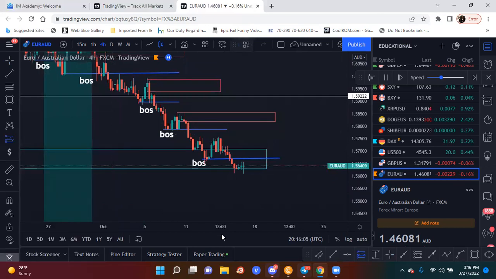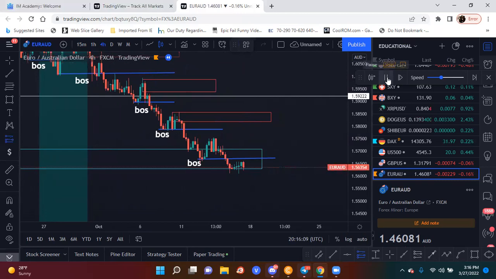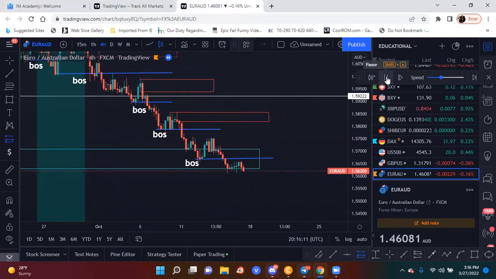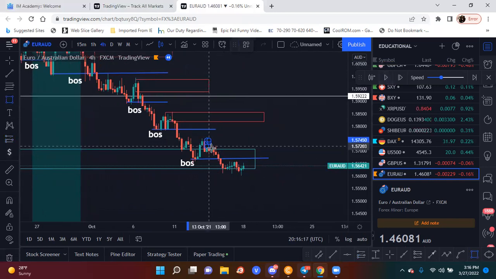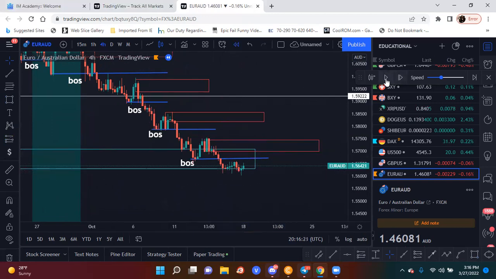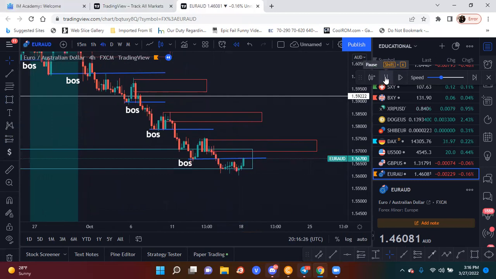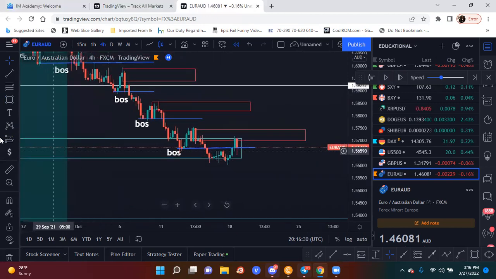I feel like it's going to come back up. But see, it broke structure already, so I better not take that buy. Oh, yeah, it broke structure already. So this is the new supply zone. So it'd be stupid to buy. I'm in another sale.